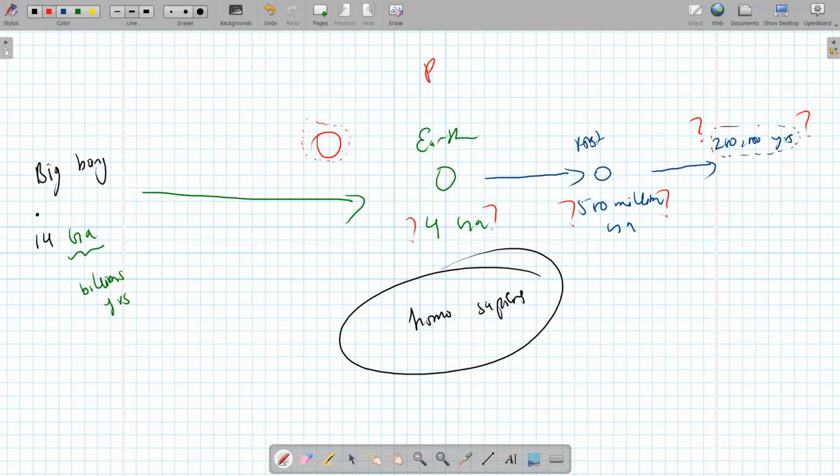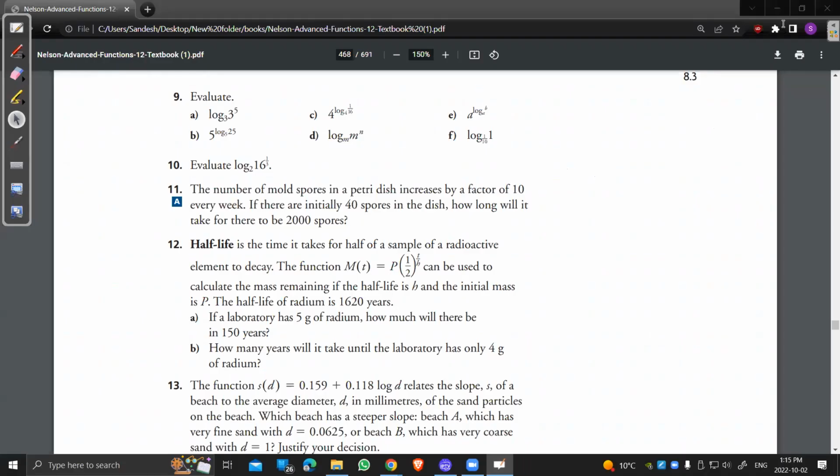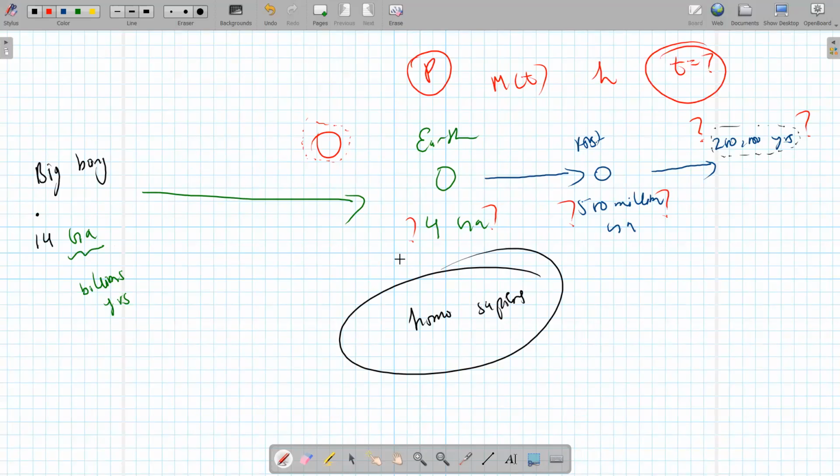So we have P, we have M(t), and we have H. What's missing is t. Then we solve for t using the same exact formula. That would be a real life application of this, knowing how old everything really is.